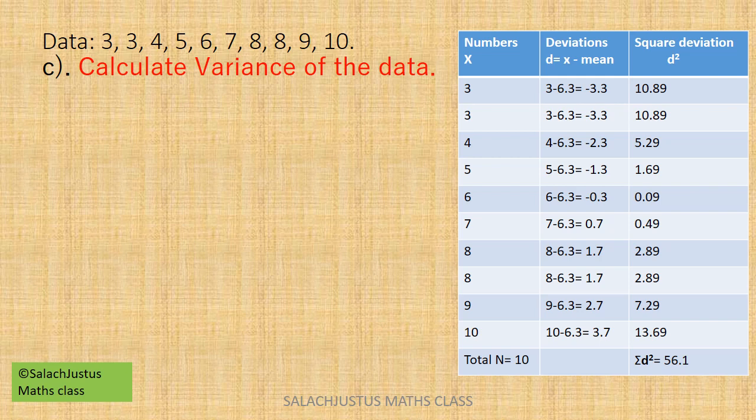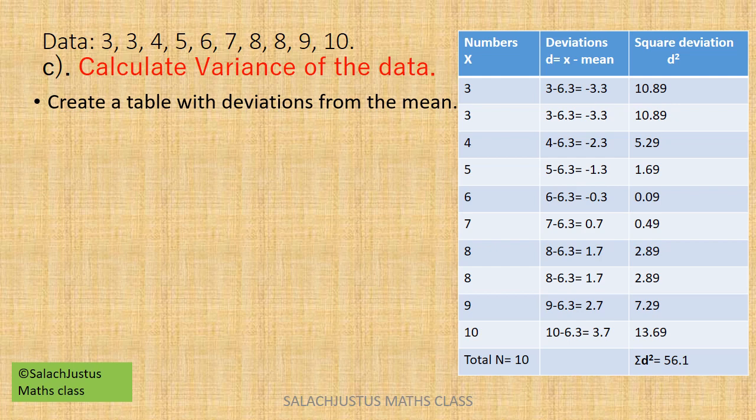Then in the last column, we square the deviations, d squared. This helps us to get rid of the negative deviations so that all become positive values, and we add all of them. The summation of d squared down there, we get 56.1. Kindly follow through the table because the working will be very easy.